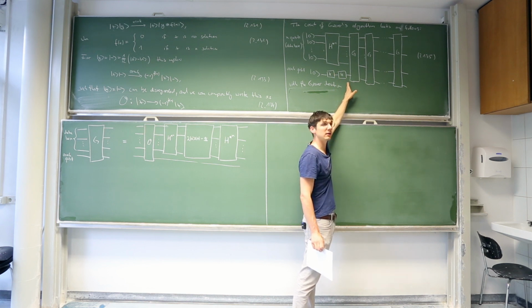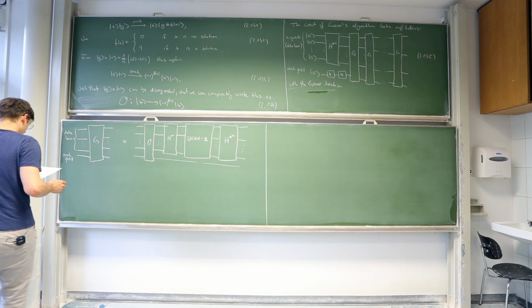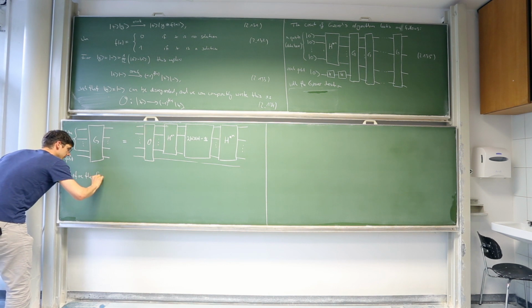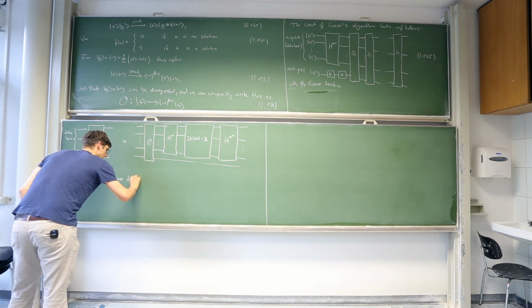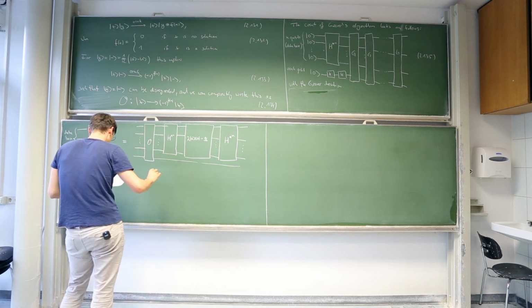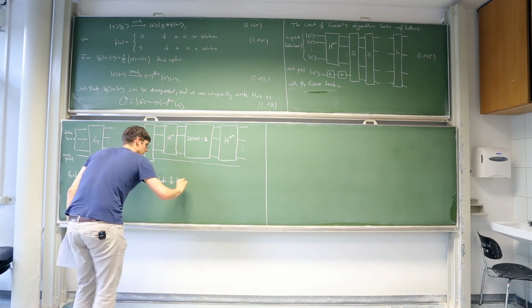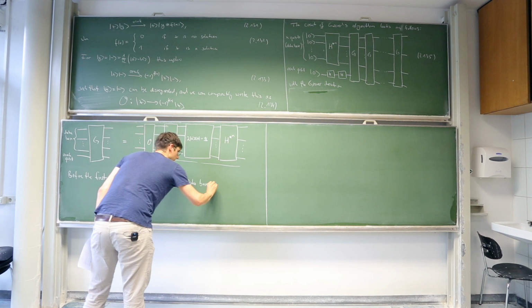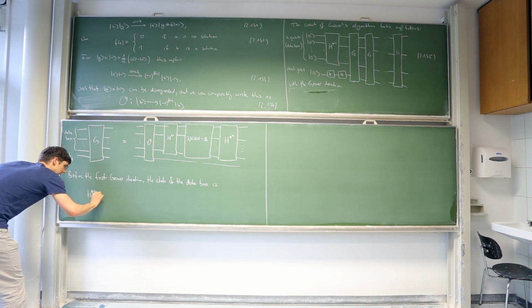So before the first Grover iteration, the state of the database is Hadamard acting on 0.